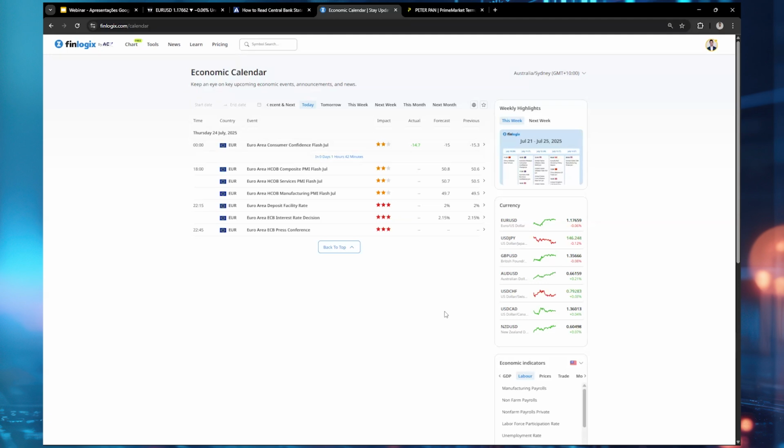Interest rate is such a risk, like really, really risky data that I'm putting my capital at. So I want to have the best risk reward. And if the market comes as expected, as the forecast is indicating, so no changes to the rates, there's no big sense for me to trade that.